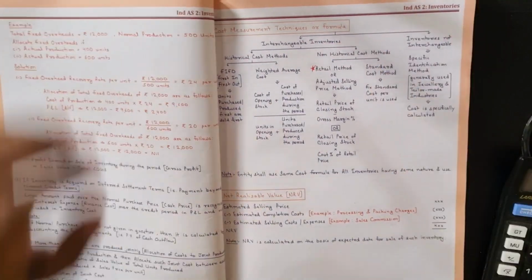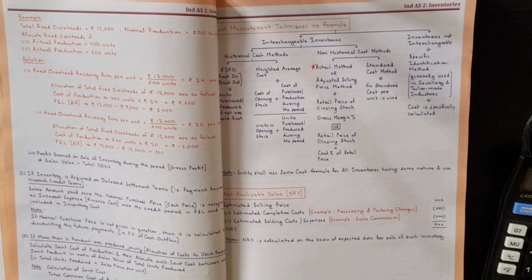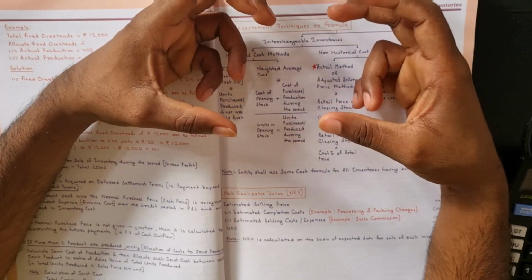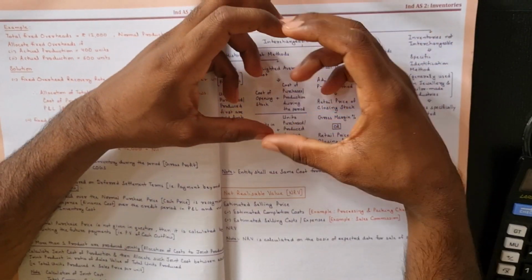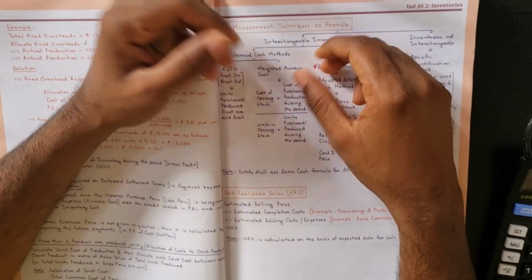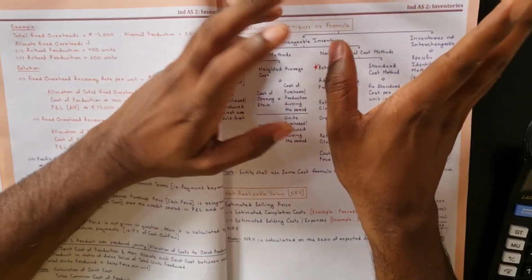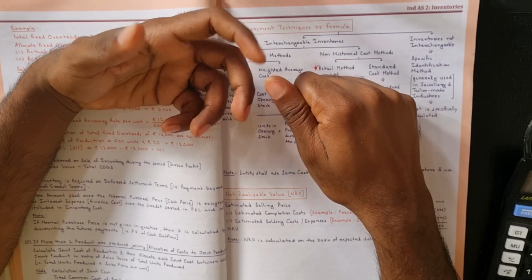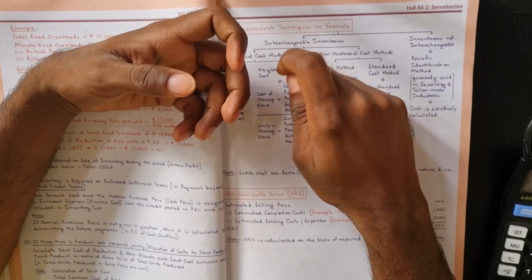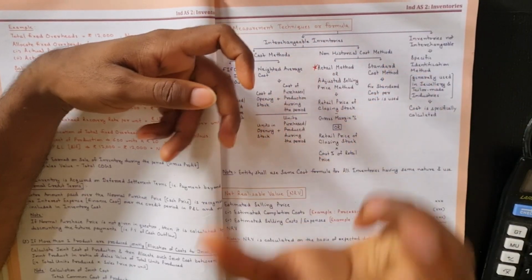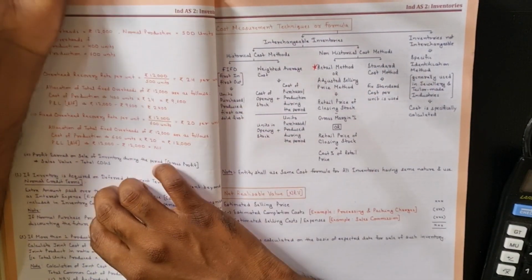And what is weighted average? Weighted average means you take a total amount, take an average price of it and then you sell it. In FIFO, let's suppose yesterday you incurred 12 rupees to make bread, and today you are incurring 14 rupees. When you are selling that 12 rupees bread, you will sell it for 12 rupees only because it is first in first out.